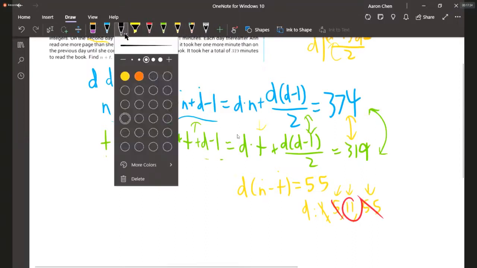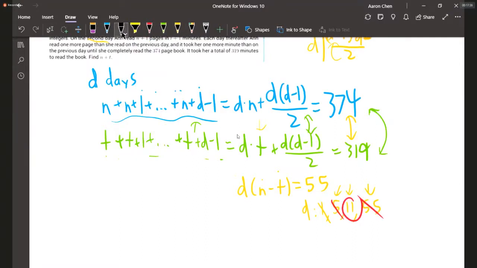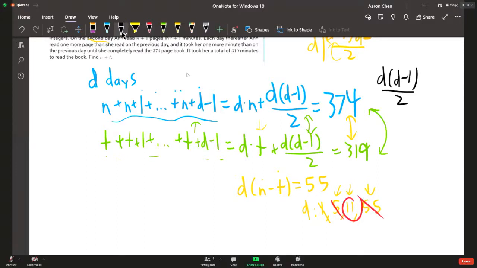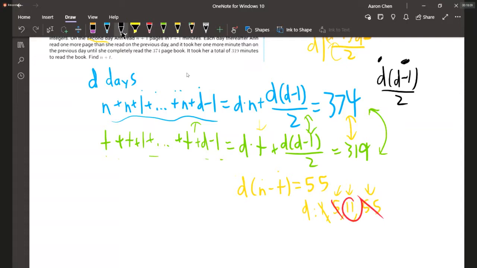Oh, wait, can you explain that reasoning again? Sorry. Okay. So since d is an odd number, when you look at the factors of d times d minus 1 over 2, d is an odd number and d minus 1 is an even number. So the factor of 2 cancels out with the d minus 1 term, which means that there's still a d term left over.